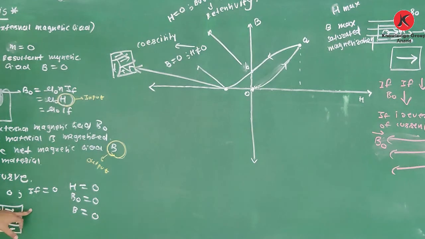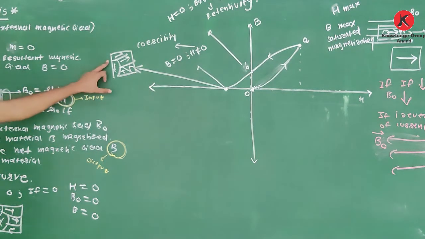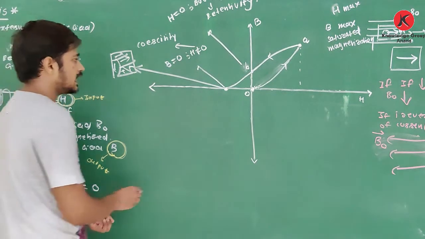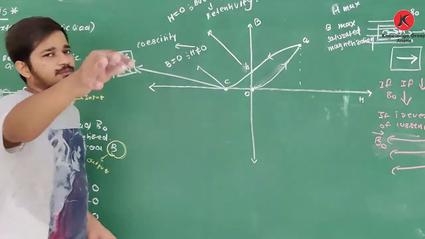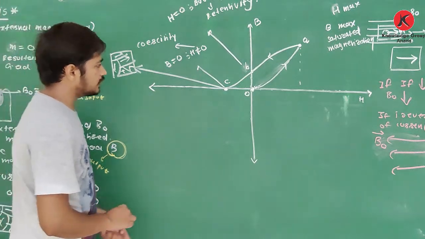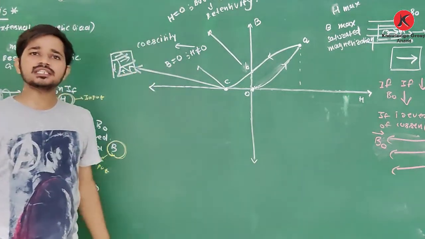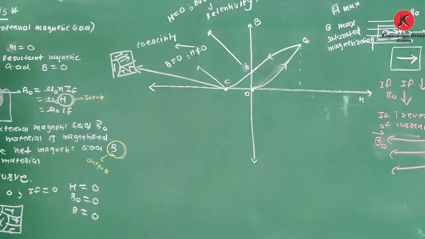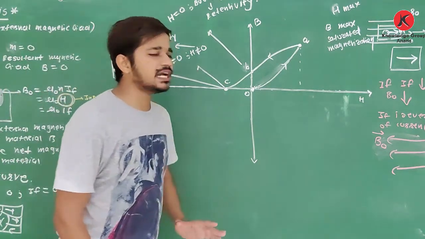This domain region at point O and this domain region at point C are not the same. Clear about this? The domain region at point O and the domain region at point C are different.